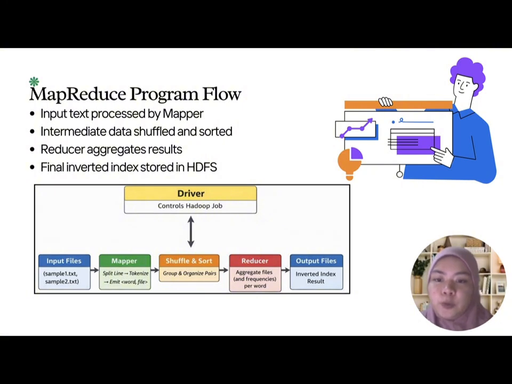Next, Hadoop automatically performs the shuffle and sort phase, which groups all intermediate data by key so that the same word from different files is sent to the same reducer. The reducer then aggregates the results by collecting all files associated with each word and counting their frequencies, thereby constructing the inverted index structure. Finally, the complete inverted index is written back to HDFS as the final output.